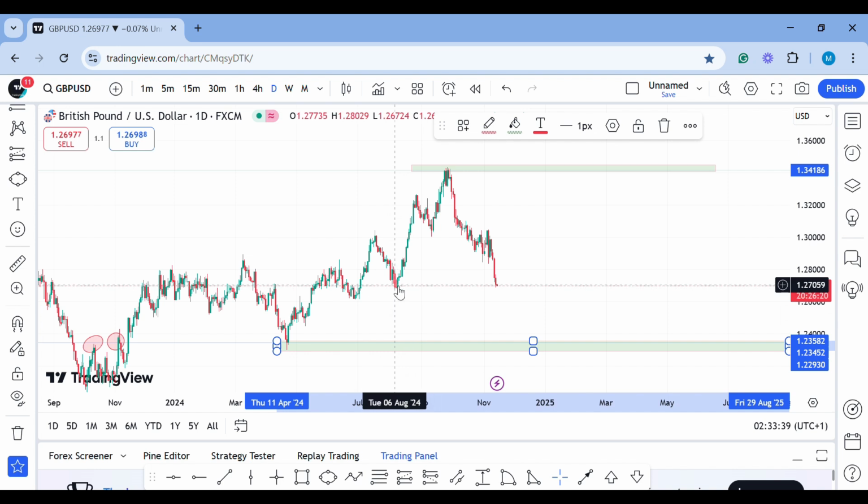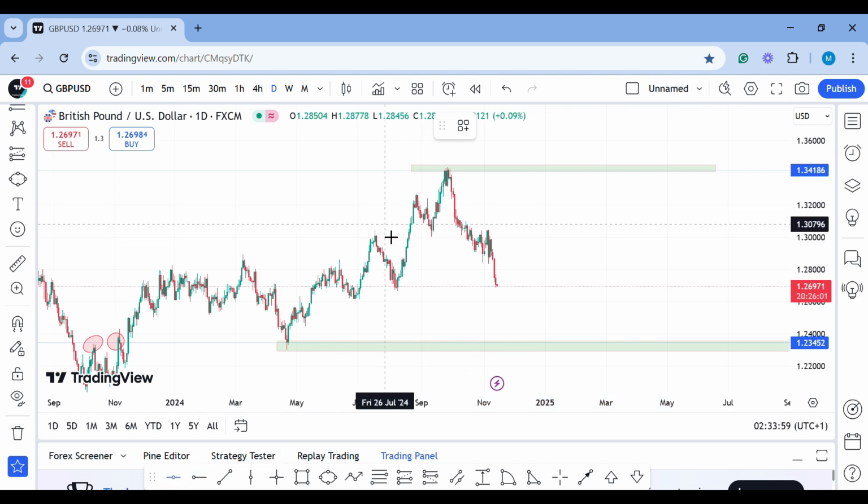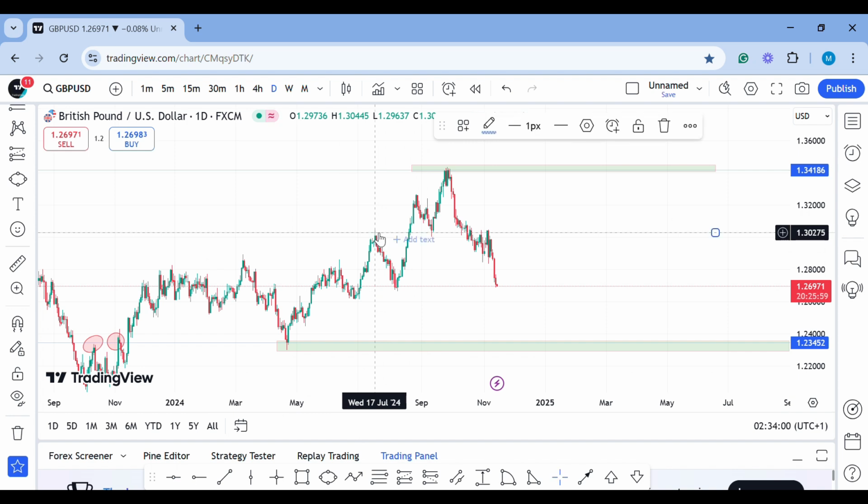So you can see which one will I take from here. How the market has reacted recently here. I'll take this point on the daily.